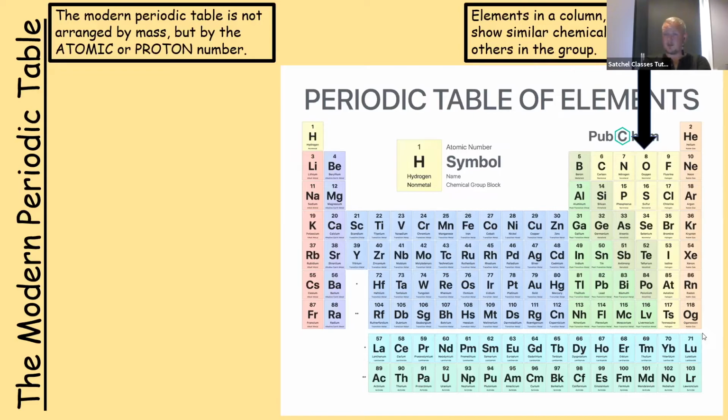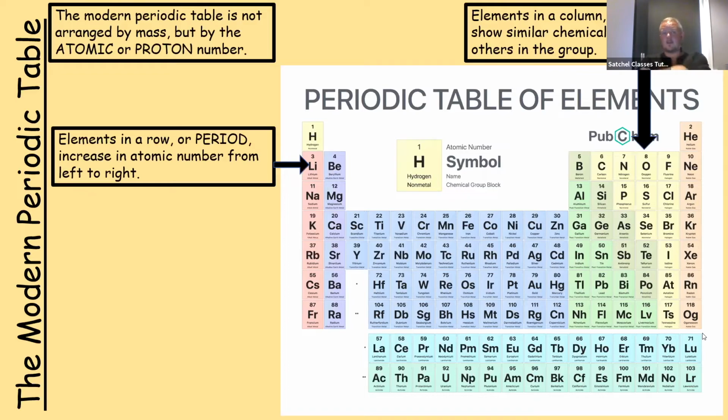So here we've got oxygen, sulfur, selenium, tellurium, polonium, and livermorium. They show similar chemical properties to each other. Elements that exist in a row or period increase in atomic number from left to right.